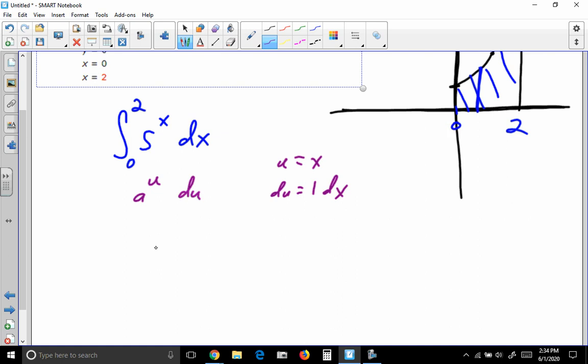So we said that the integral of a to the u is a to the u times 1 over natural log of a. So in this case, we have 1 over natural log of 5 times 5 to the x. We want to evaluate that from 0 to 2.